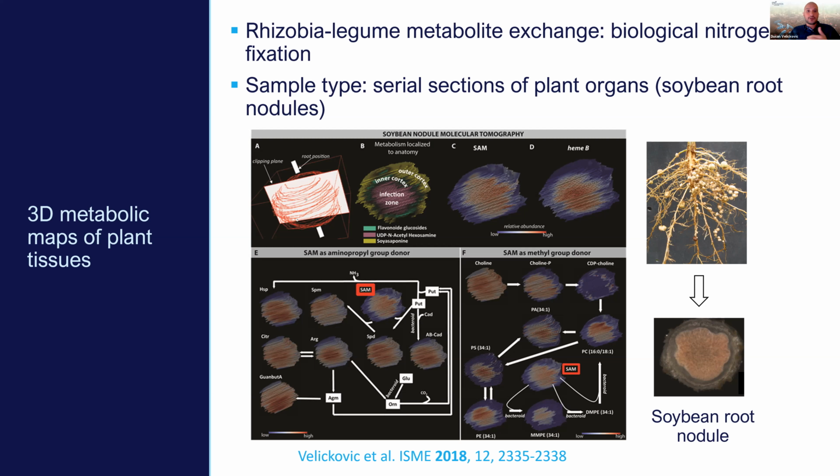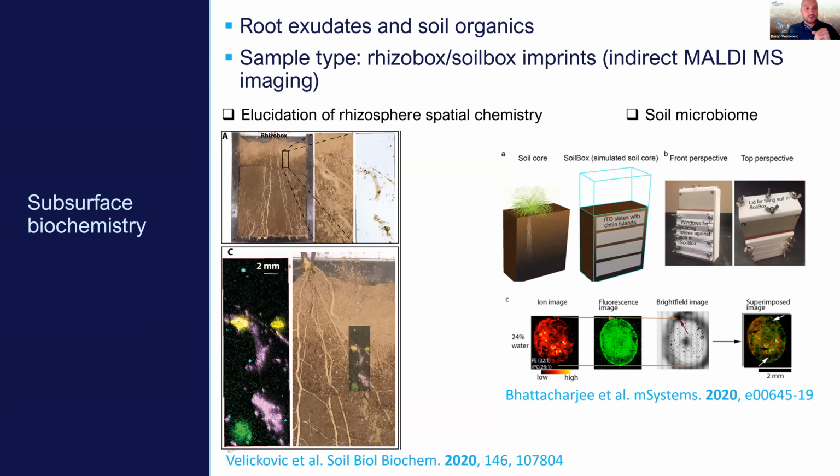What we do here is take and analyze serial sections of soybean root nodules or any other plant organ, and then stack those 2D images to see the 3D distribution of metabolic processes in the plant organs. Then we can also go beyond the surface and analyze subsurface biochemistry.